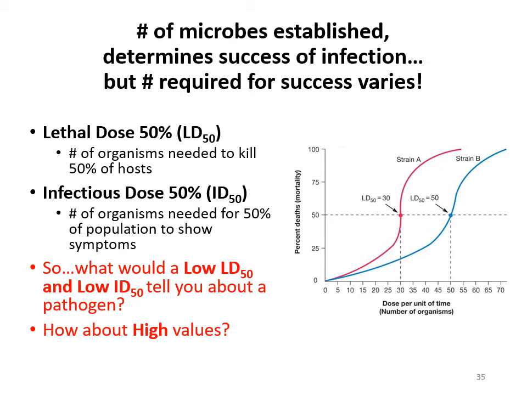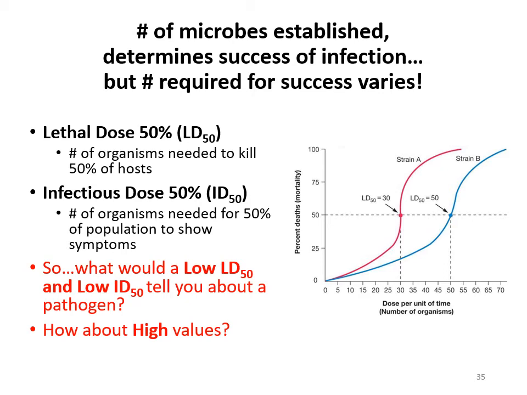Whereas if there's a high LD50 or a high ID50, what would that tell you? Well, you need millions of this little bacteria before people even sniff them. Or you need millions of these just to kill one person. Okay? That would tell you that each individual one isn't very strong, right?